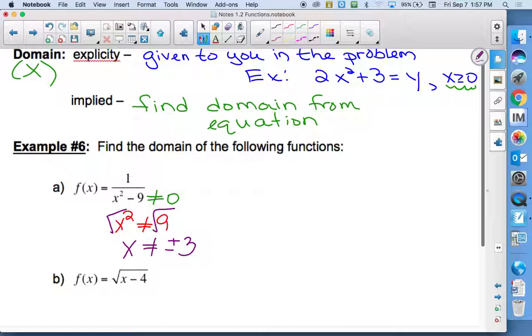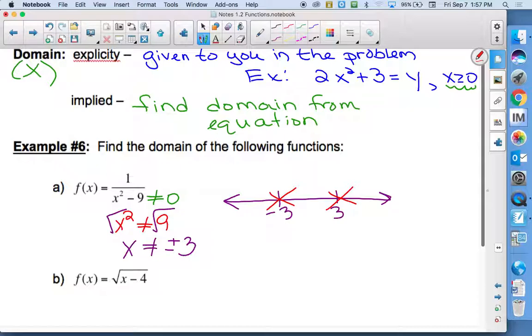It can't be those values. When we write domain, I'm just making a little picture here so it makes a little more sense. We solve this problem. It's not allowed to be -3. It's not allowed to be +3. But it's allowed to be any other number. How do you write that in interval notation?